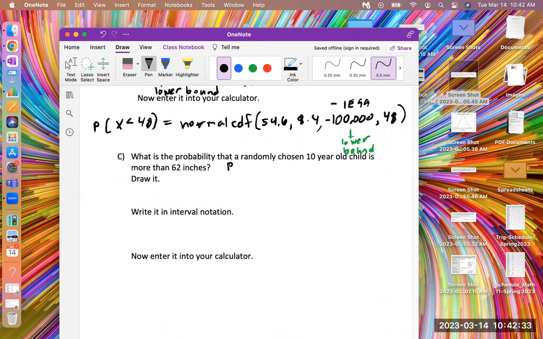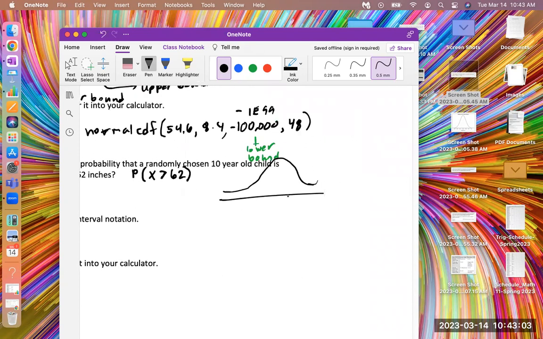It's P(X greater than 62). The alligator's mouth is pointing toward the X, because we want the value to be more than 62. That's what it looks like mathematically. To draw it, what we really want is the area under the normal curve that is bigger than 62.